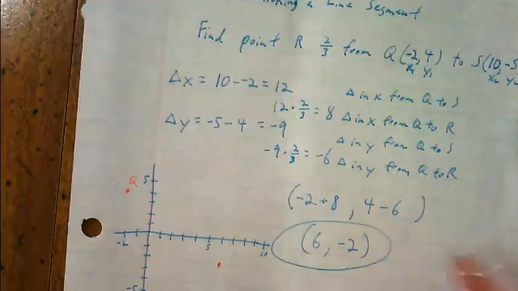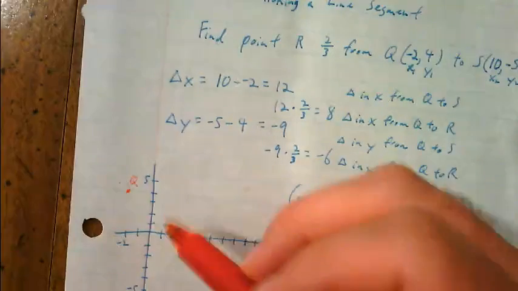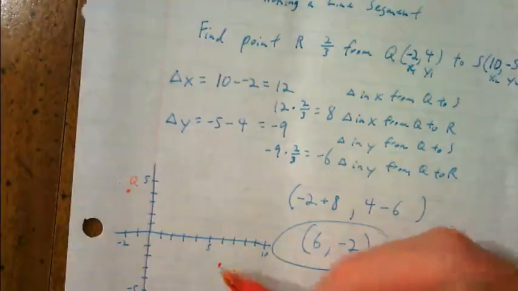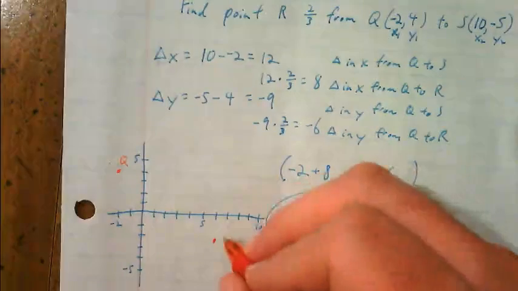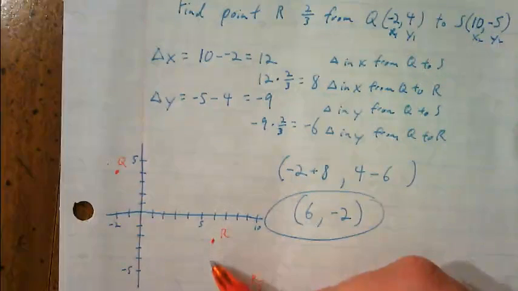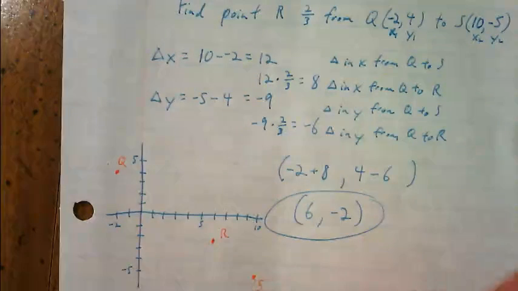But notice, if I was to look at the slope here, from here to here, since we just talked about slope in our last chapter, so slope from, I'm calling this R, I'm going down 1, 2, 3, over 1, 2, 3, 4.